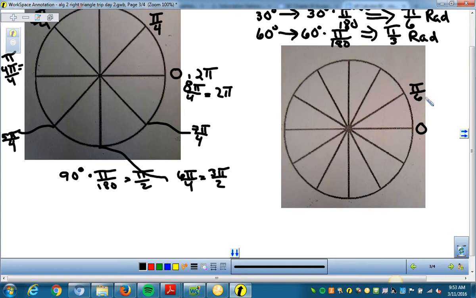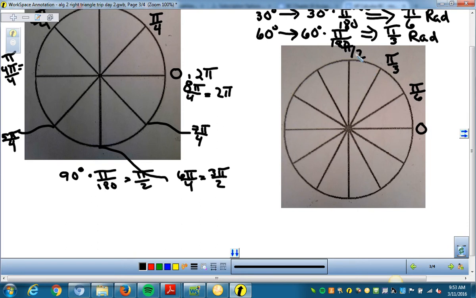This is 1 pi 6. The next one will be 2 pi 6, which reduces to pi over 3. The next one will be 3 pi 6, which reduces to pi half, and that's at 90 degrees.